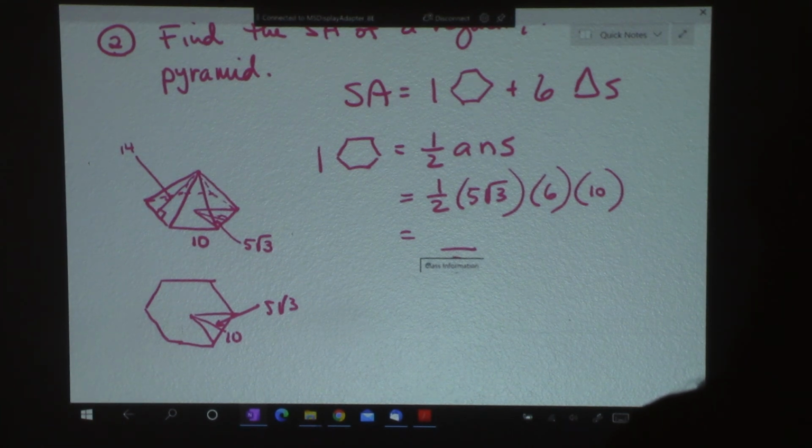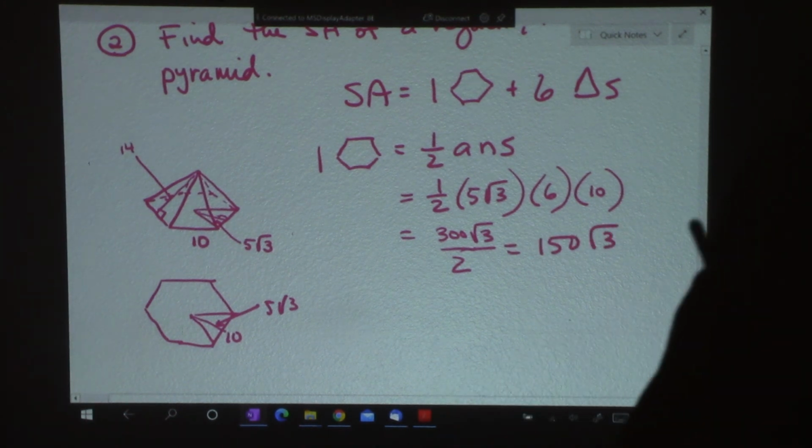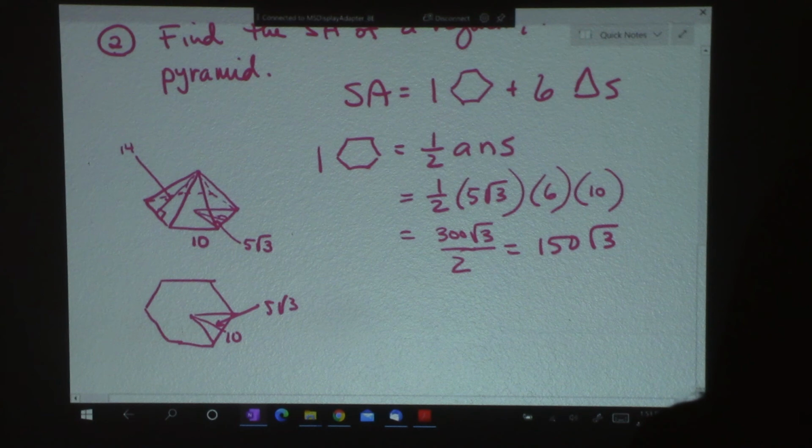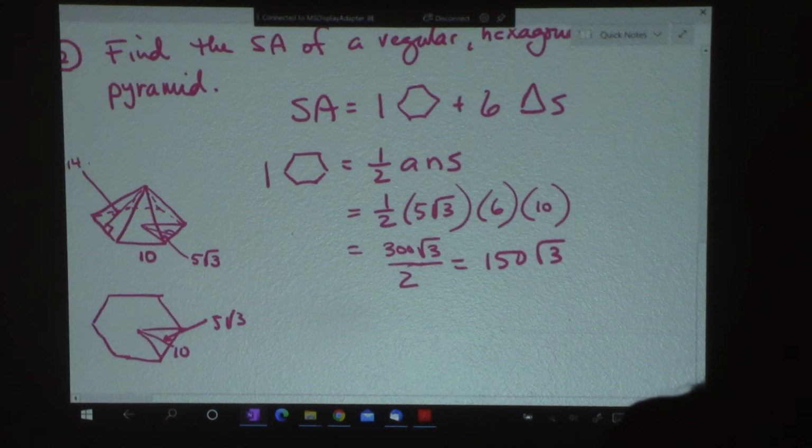And I have 5 times 6 times 10 is 300 square roots of 3. Okay, when I multiply those all together, and I get 150 square roots of 3. So that is the area of the hexagon, and when I work that out on the calculator, I get 259.8.